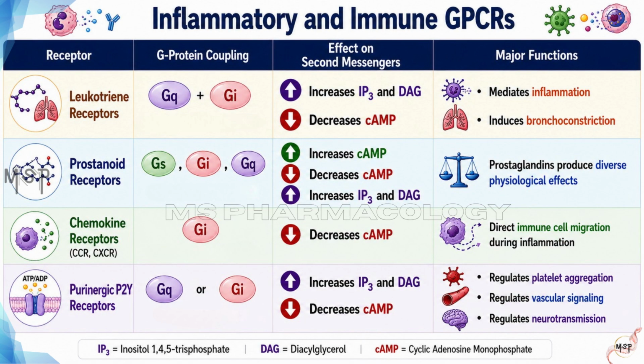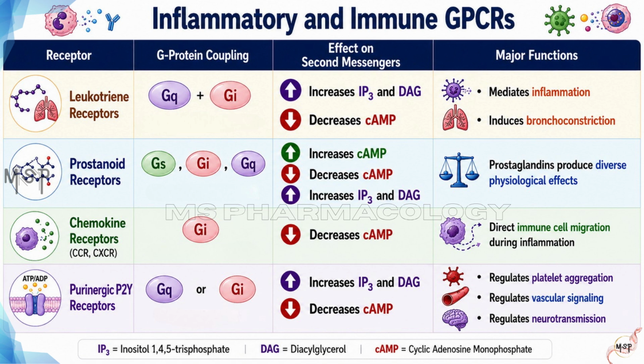The body also contains several inflammatory and immune GPCRs. Leukotriene receptors are predominantly coupled to GQ and GI proteins, mediating inflammation and bronchoconstriction. Prostanoid receptors couple to different G proteins, including GS, GI, and GQ, allowing prostaglandins to produce diverse physiological effects.